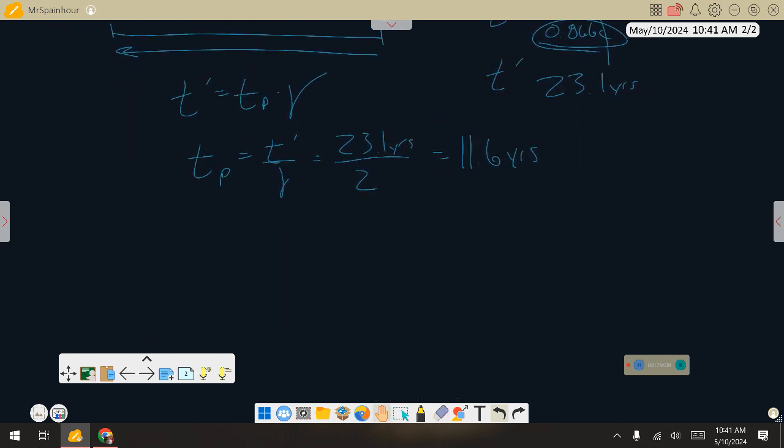See, for Speedo, if the planet was only 5 light years away, how far would the trip have been? 10 C. Hold on, I'll get there. And then if we take his 0.866 C, this is the time of Speedo. So how long should it have taken?